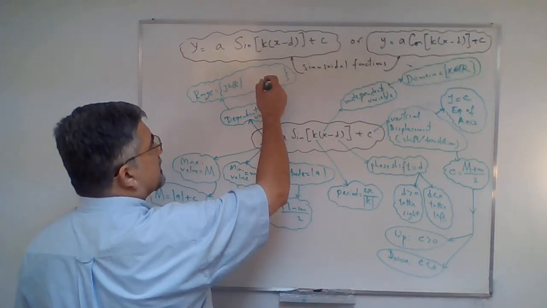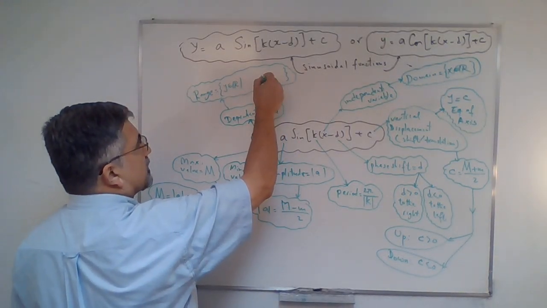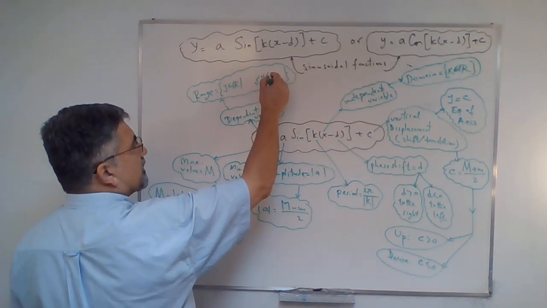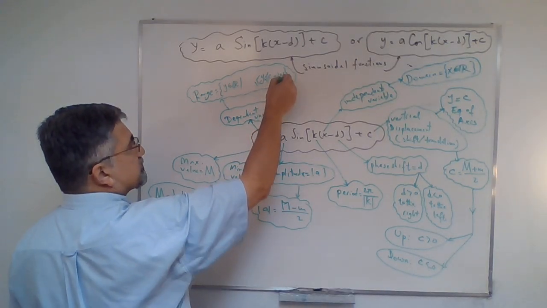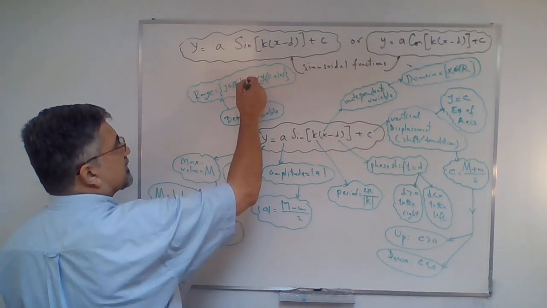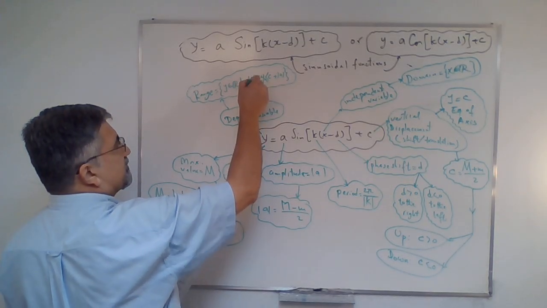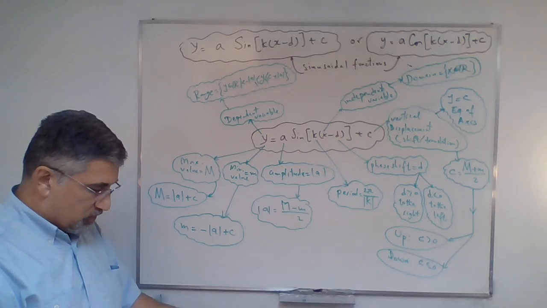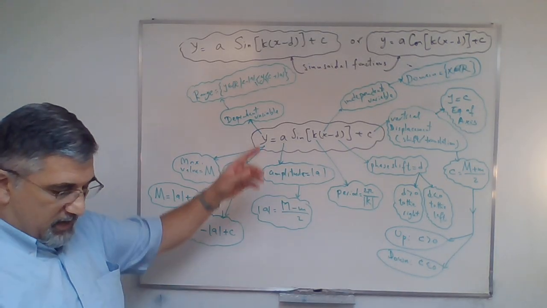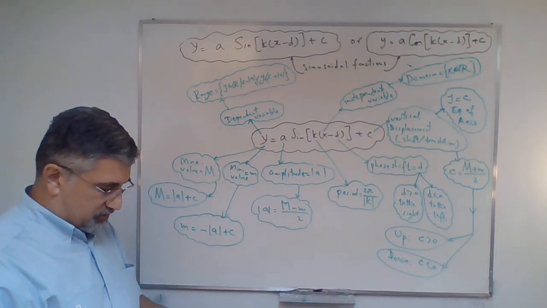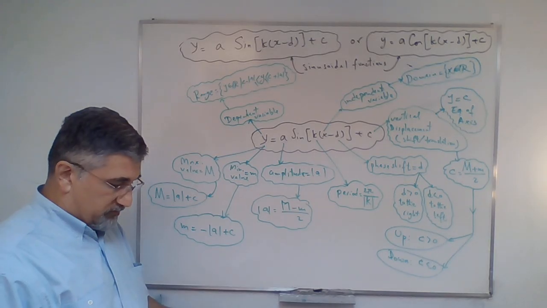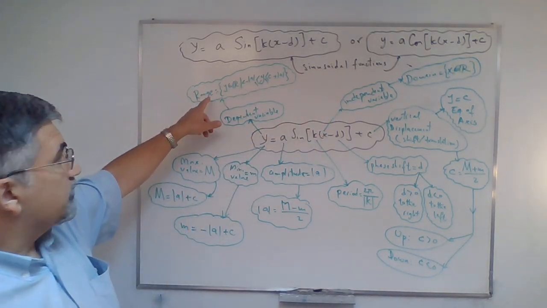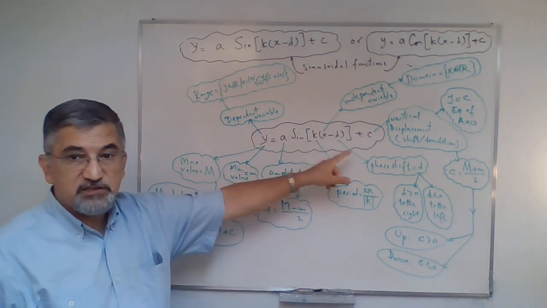So I should say here that y is trapped in between the max value, which is C plus absolute value of A, and C minus absolute value of A. So that becomes the range of the function, which shows all the y values between the max and min values for this sinusoidal function. So domain explained, range explained in terms of A, K, D, C values.